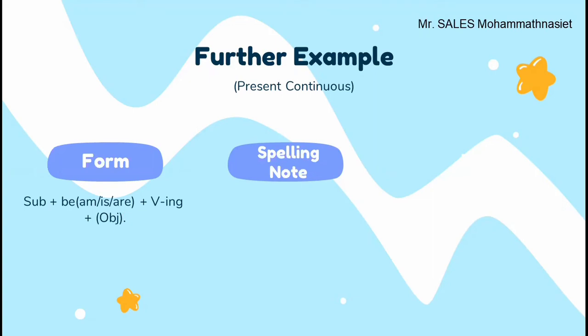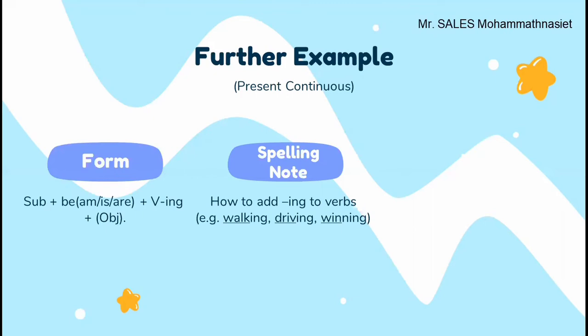For the spelling note in present continuous, it is all about how we add ing to the verbs, right? After the verb to be. So for example, usually we add ing to the verb when we use it in present continuous. But of course, what if the verb ends in e? You see, all of this stuff is discussed in the spelling note. So if it ends in e, we need to omit e before we add ing.